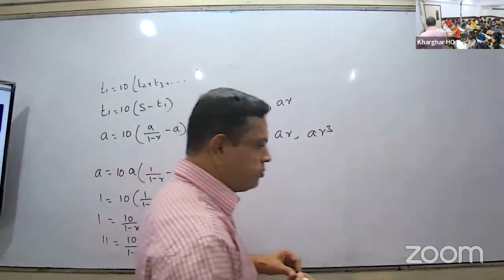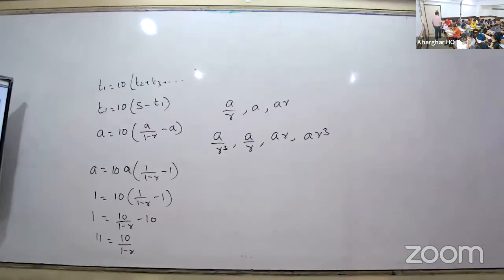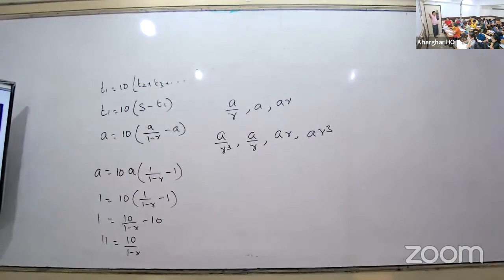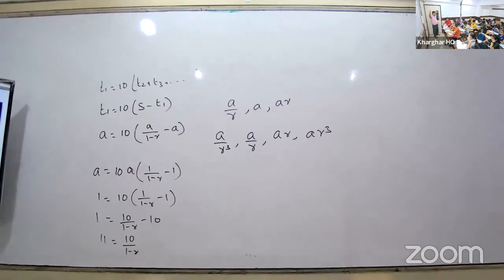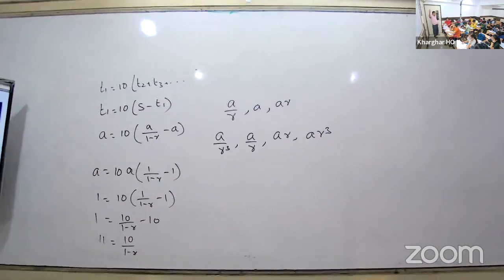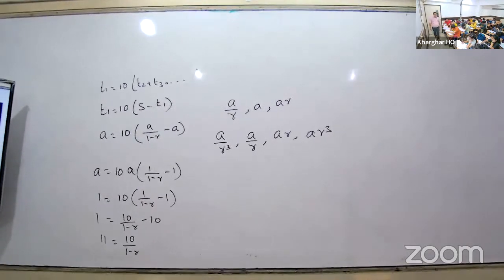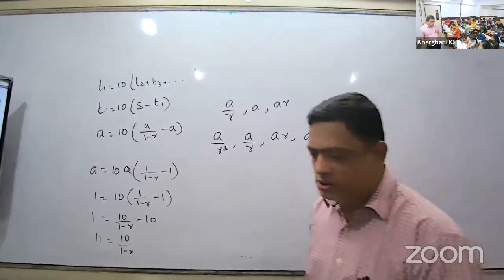Write the first term and common ratio. A by R cube. Are they in GP? Yes, sir. What is the first term? What is the common ratio? Wrong, it is R square, since multiplying changes now. The first term is A upon R cube and the common ratio is R square.